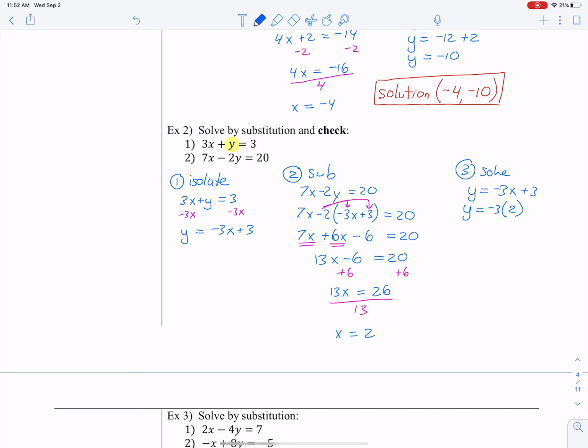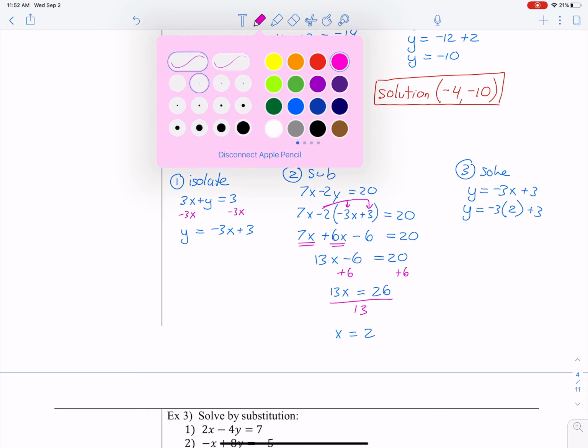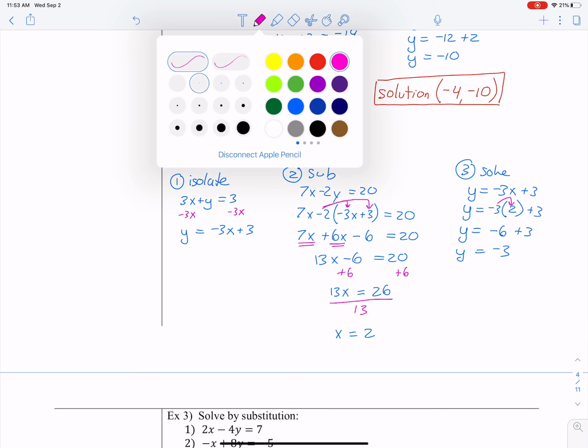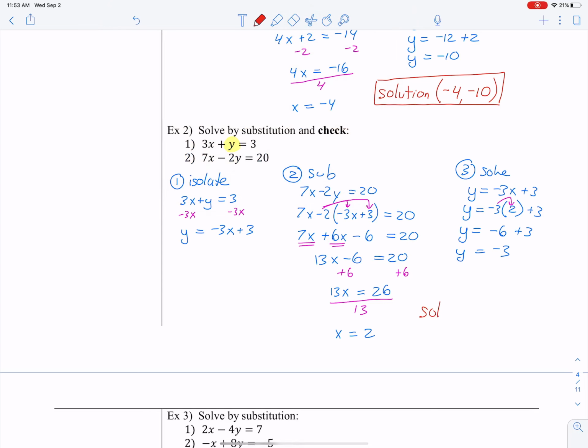So I'm going to put the 2 in there. I need to do this multiplication. So I get y is equal to -3 times 2 is going to give me -6 plus 3. So we get -3. So then my solution is going to be my x first, so 2, and then -3. And that's my solution for this question.